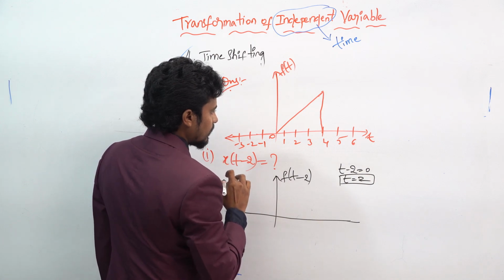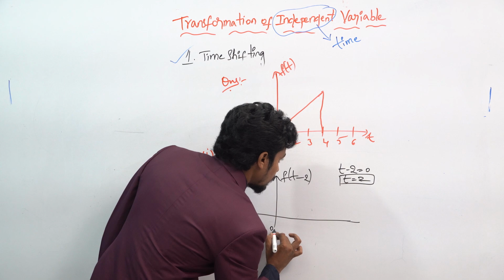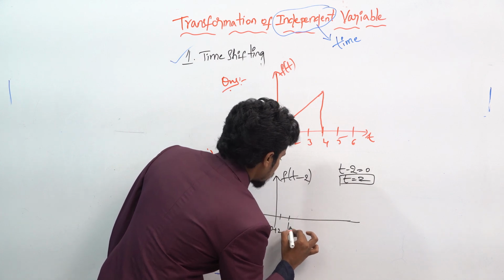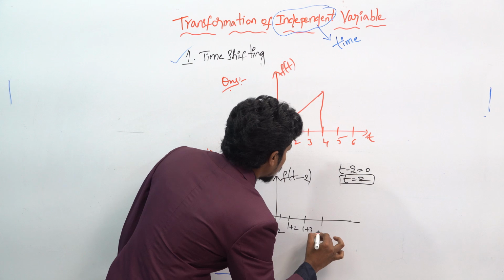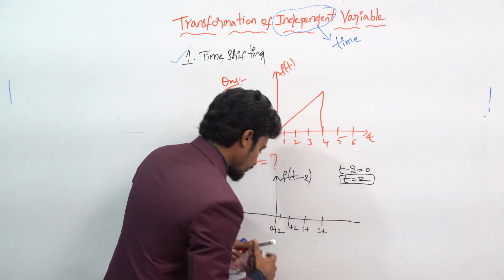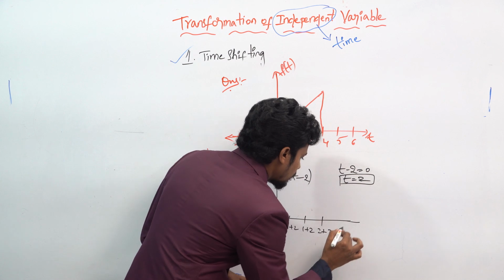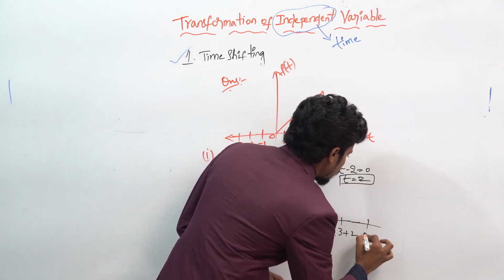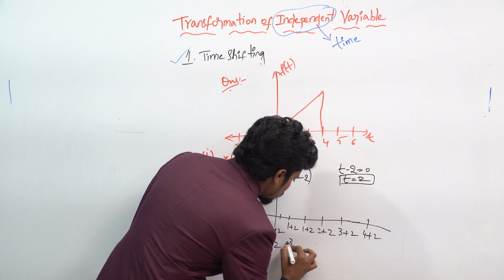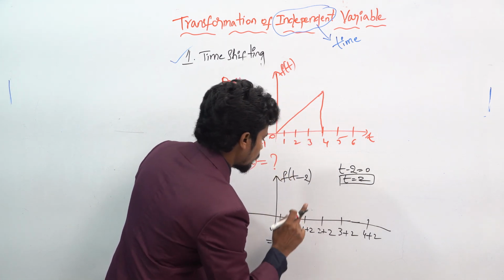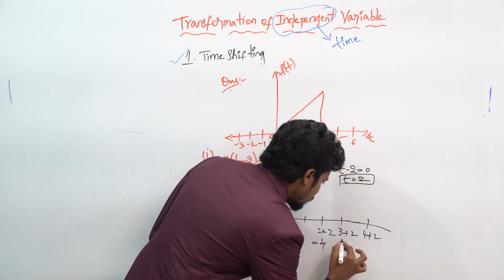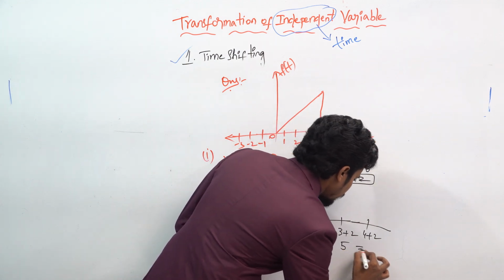Here you take 0 plus 2, and the same for 1 plus 2, 2 plus 2, 3 plus 2, and 4 plus 2. This will become 2, 3, 4, 5, and 6.